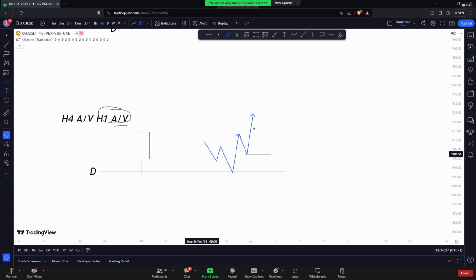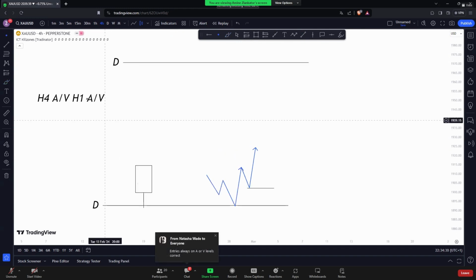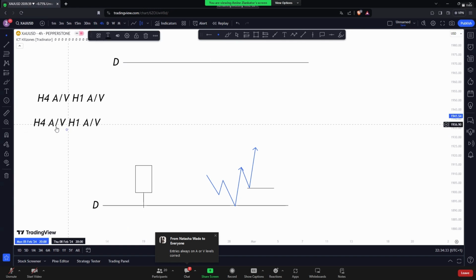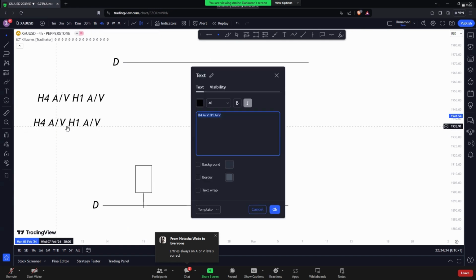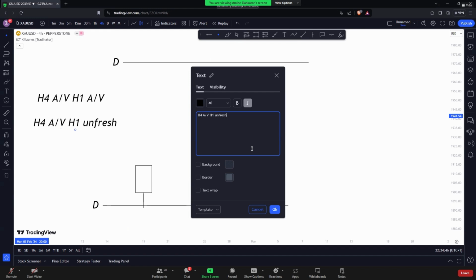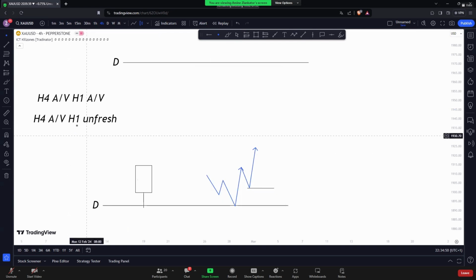So the second continuation entry type is when you have an H4 A or V level, but the H1 is not fresh, simply having a lot of wicks on it. So what do you do in this case when you have an H4 and the H1 is unfresh? It doesn't matter if it's a gap, A or V. You simply look for the next freshest H1.